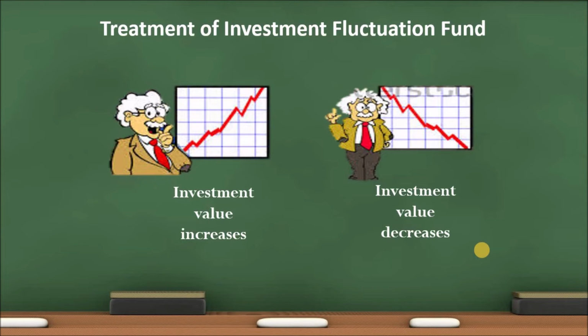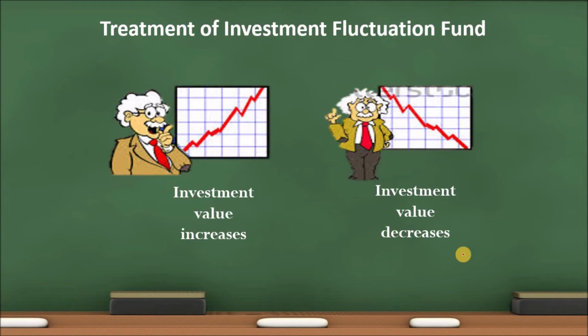Now let us see the treatment of investment fluctuation fund. So first of all, when is this fund used? When the investment value increases or when the investment value decreases. You know that the market value of investment may increase or decrease, and according to accounting principles, investments are recorded at the cost at which they are acquired.